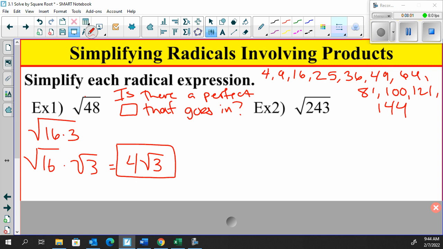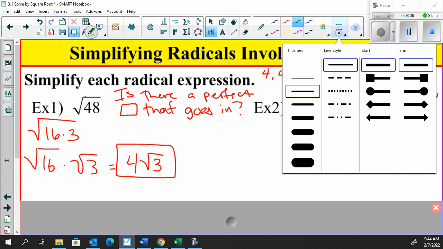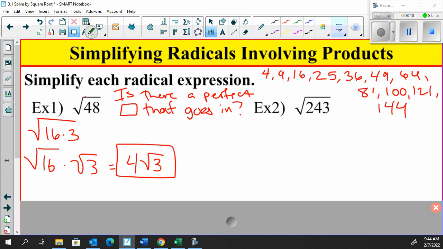Okay, let's do one more. 243, that's a bigger number. It might be harder to know off the top of your head what perfect squares go into 243. So if you don't know, just take 243, start dividing it by these numbers. 81 goes into 243? 81 times what? 81 times 3? So again, I probably could have thought of that if I thought about it for long enough, but I don't know that off the top of my head.